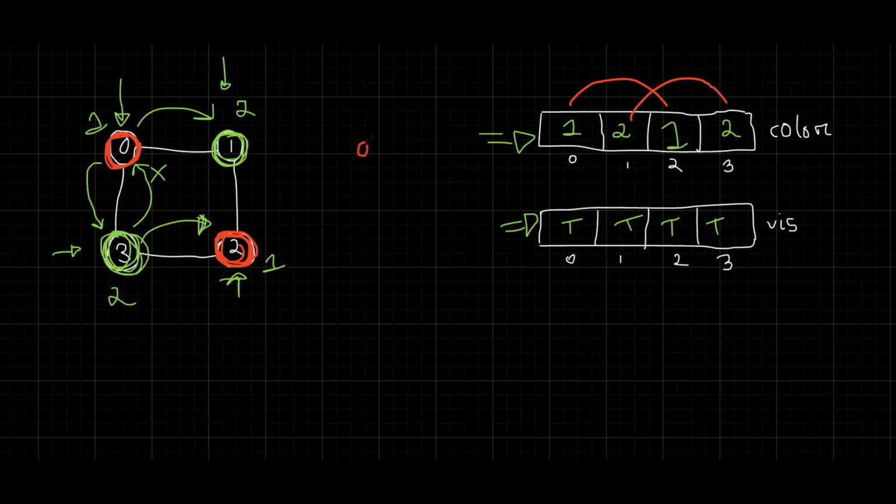That means we can store 0, 2 and 1, 3. And here 0 is connected to 1, 0 is connected to 3, 1 is connected to 2 and 2 is connected to 3. So we have made the partition of nodes 0 and 2, and 1 and 3 by using the bipartite algorithm. I hope you understood the algorithm. Now let's move on to the code.